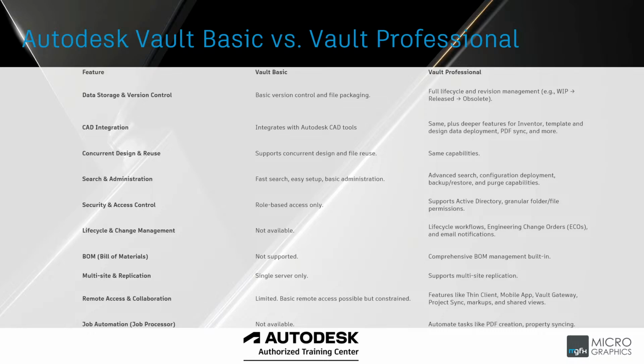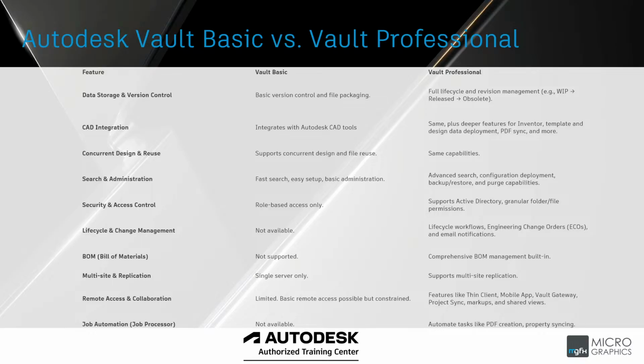Multi-site replication. Vault Basic is a single server only, and Vault Professional has multi-site replication. Remote access and collaboration. Vault Basic does have limited and basic remote access that's possible within the software.